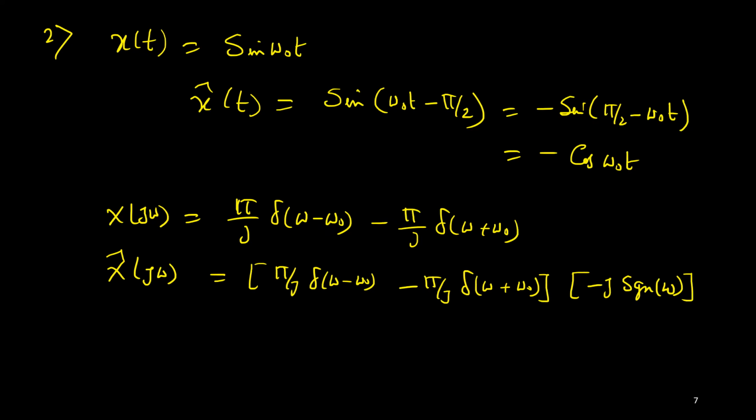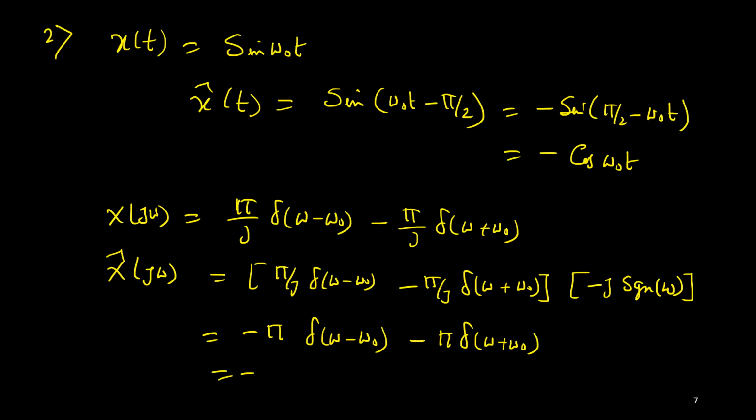Okay, now you see j will cancel out, and the positive side is minus sign, sine is 1, so it is simply minus pi delta of omega minus omega naught. And the right side is minus plus, j cancels out, but sine of minus omega naught is minus 1, so again it is minus pi delta of omega plus omega naught.